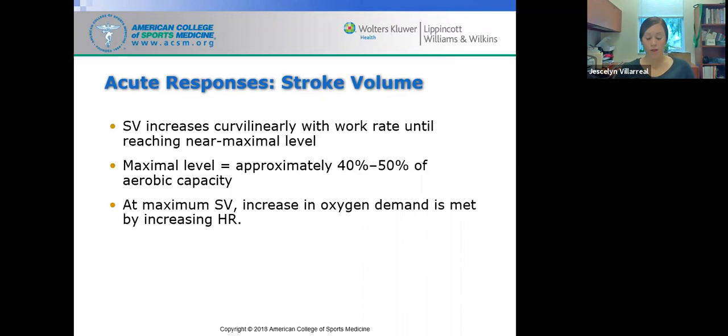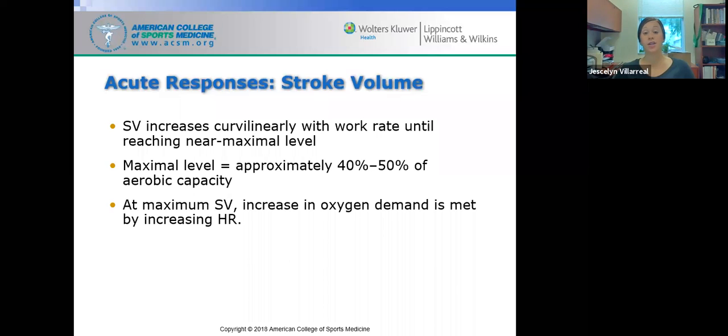At maximum stroke volume, you see an increase in oxygen demand that's met by the increasing heart rate. A note: at very high heart rates, stroke volume may actually decrease because of the disproportionate shortening of diastolic filling time in the heart.